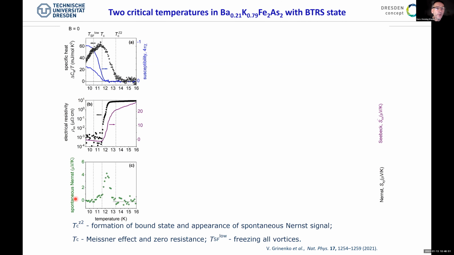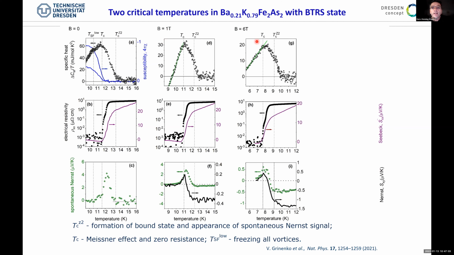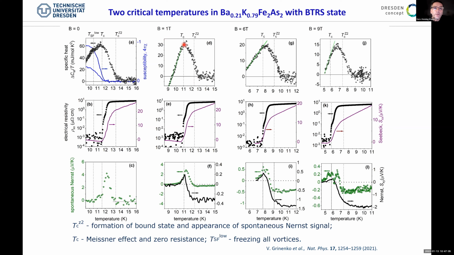And here again is a spontaneous Nernst effect, which clearly appears here above TC. Then we also measured the field dependence of these effects. And at all fields, 1 Tesla, 6 Tesla, and 9 Tesla, you even start to see a kink in the specific heat at a second transition above TC, which is defined by the onset of the spontaneous Nernst effect.